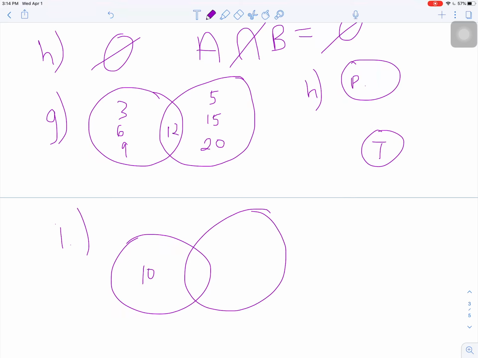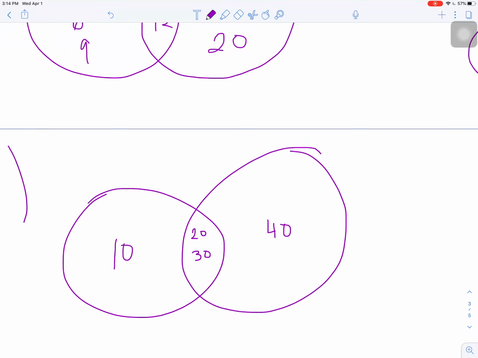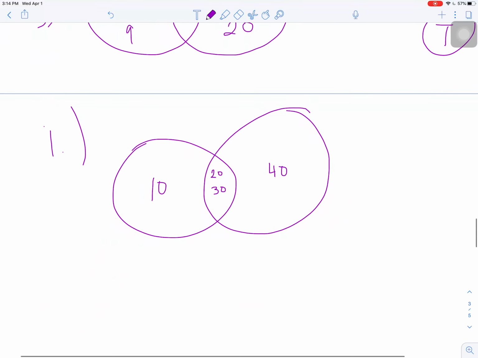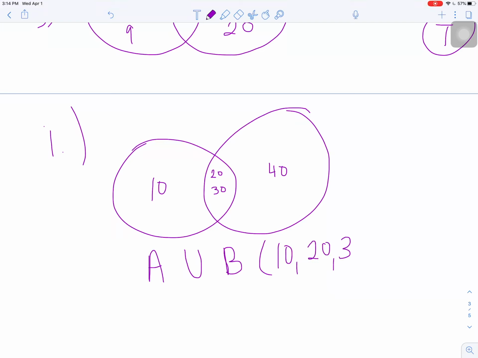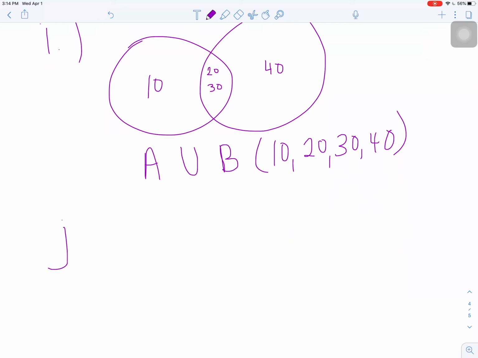And we have 10, 20, and 30, and then 40, because they share some numbers together. So A union B would be 10, 20, 30, 40. Union means essentially you're putting them all together.